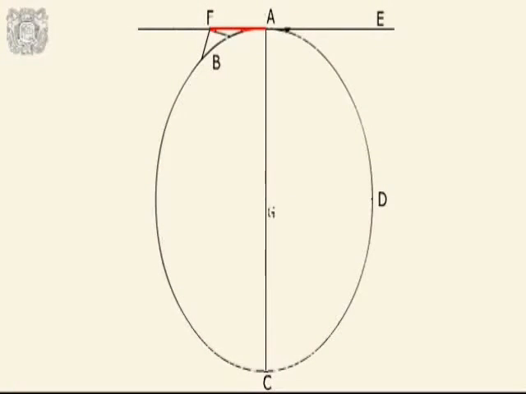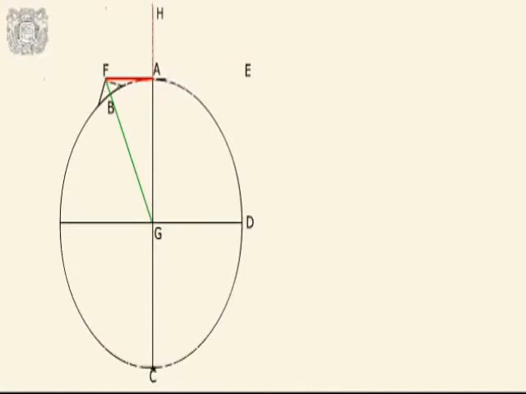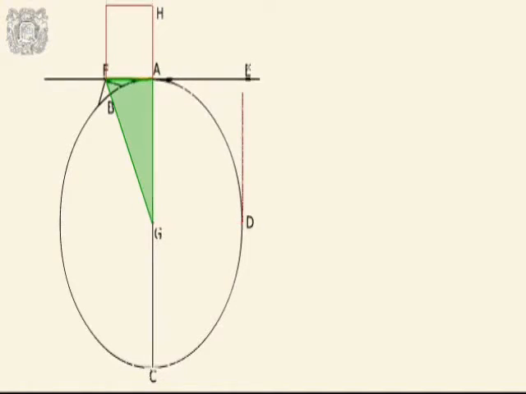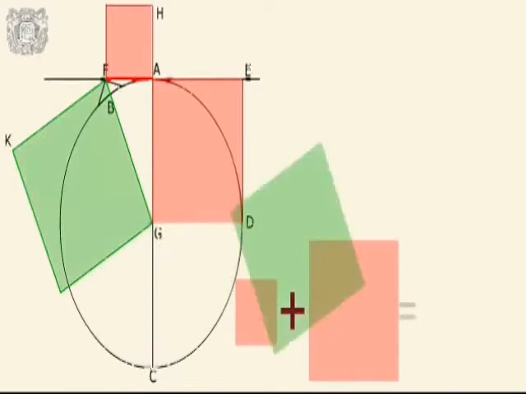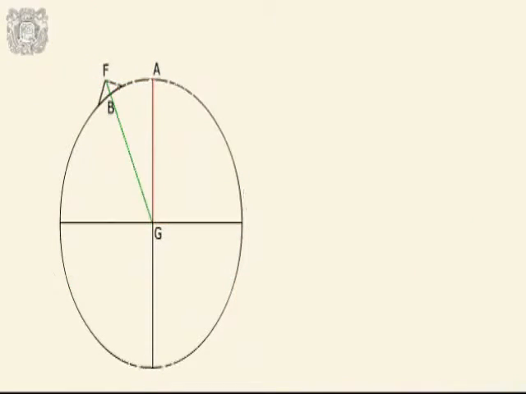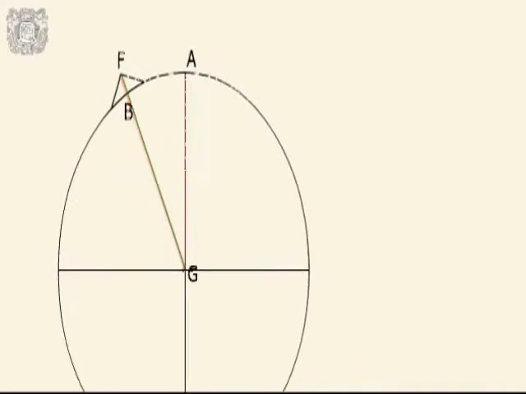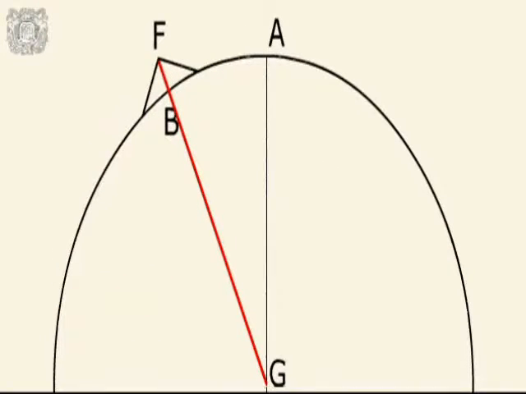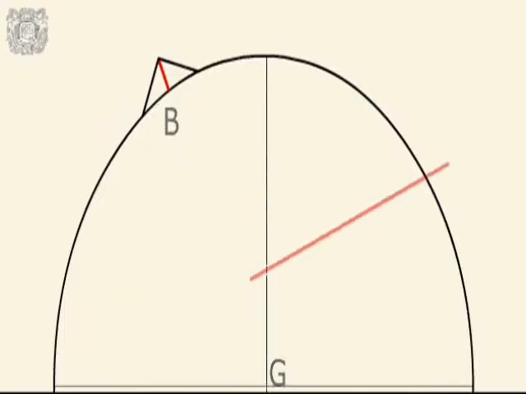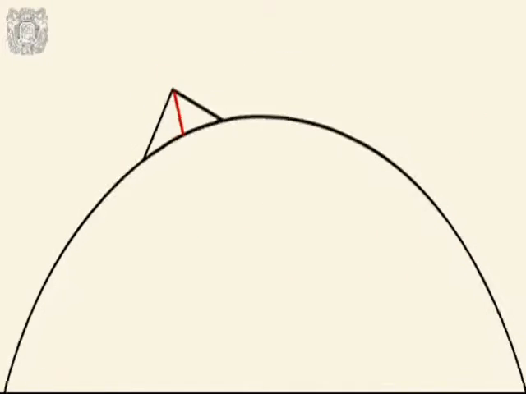By applying Pythagoras' theorem to the right triangle GAF, he found the hypotenuse FG. It represented the distance of the top of the mountain from the centre of the moon. By subtracting from this the radius of the moon, he obtained the height of the mountain.